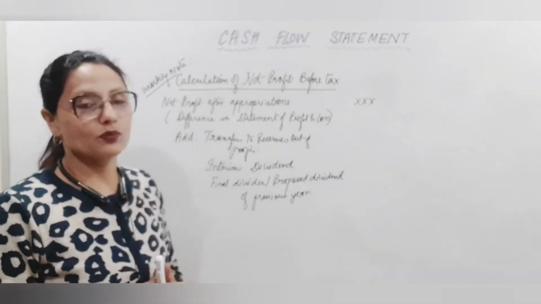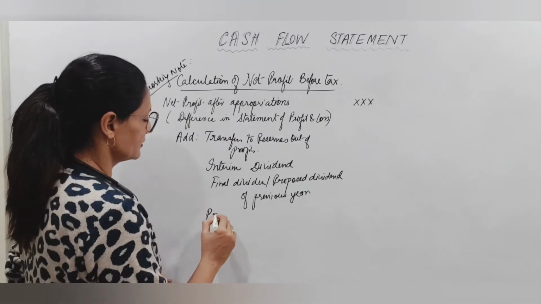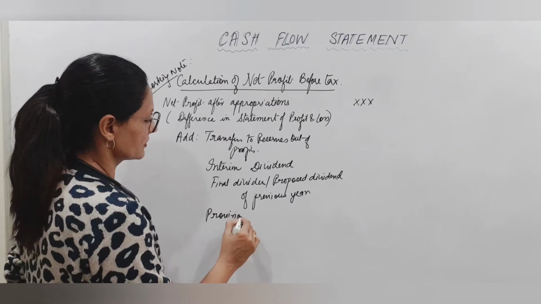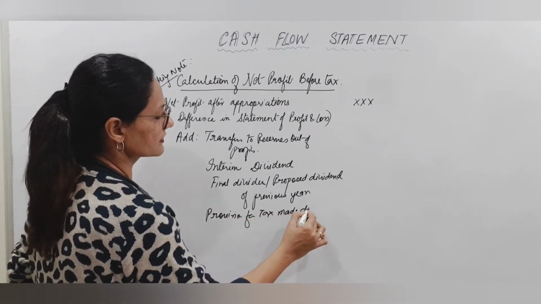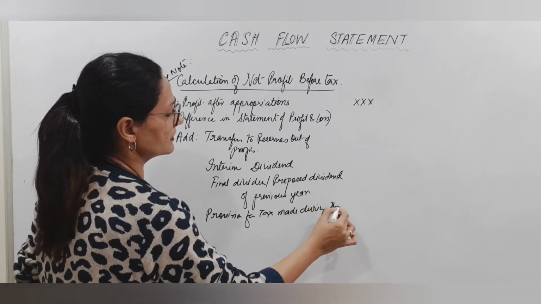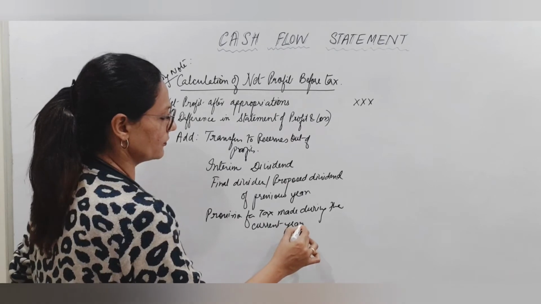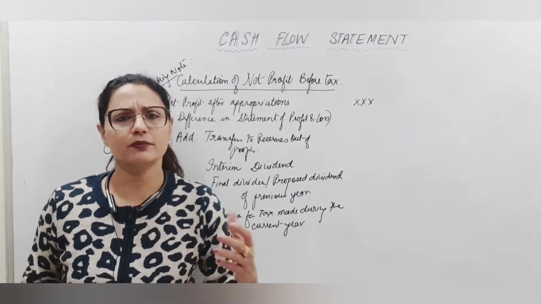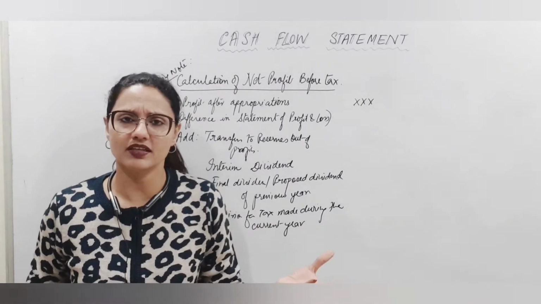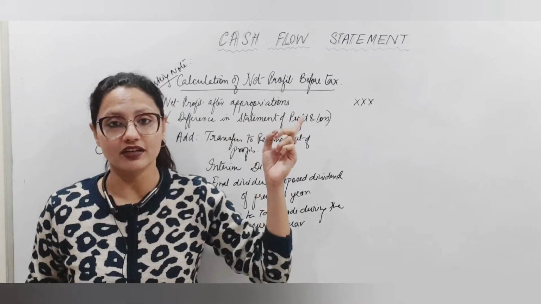And since we want the figure before tax, add back provision for tax made during the current year. Whatever provision has been created according to this year's profits, whatever percent, 20%, 30%, whatever it is, you must have deducted that and then shown profit after tax.